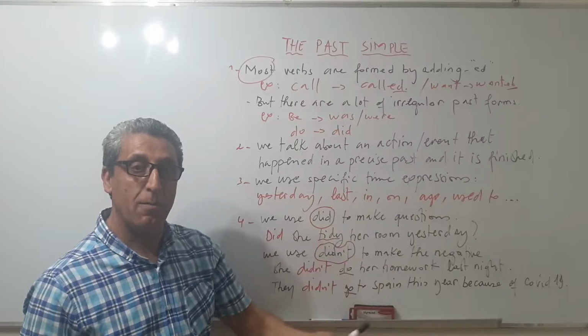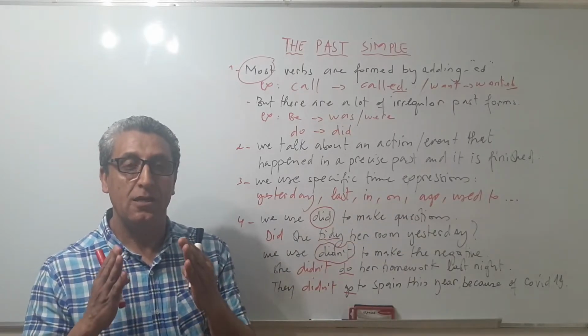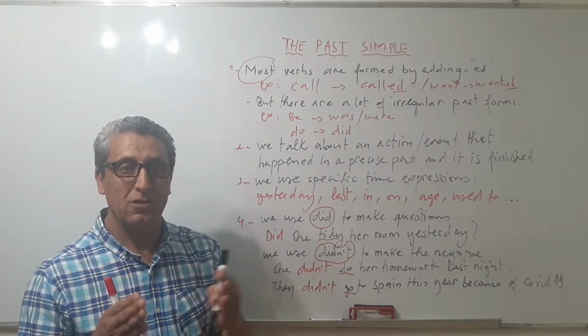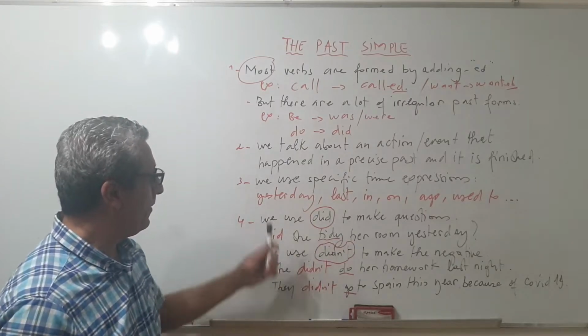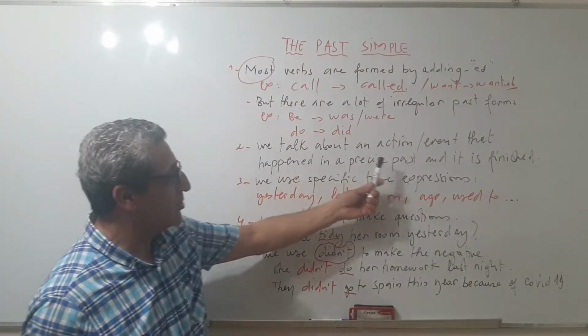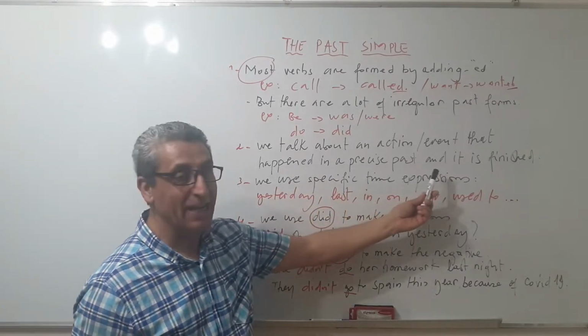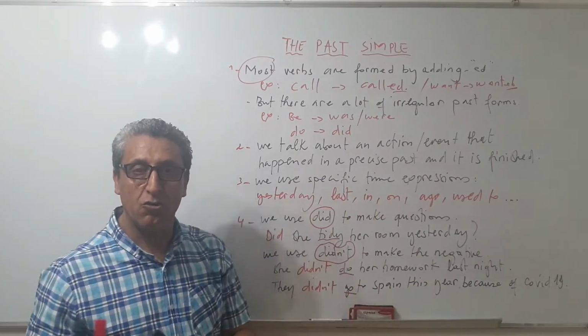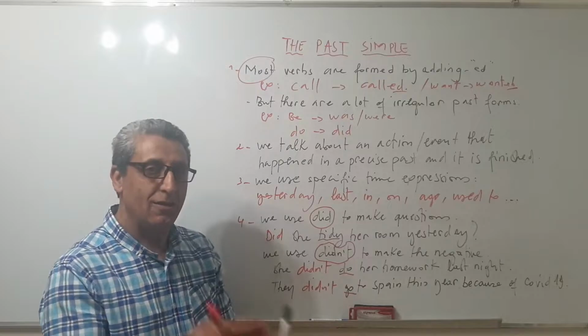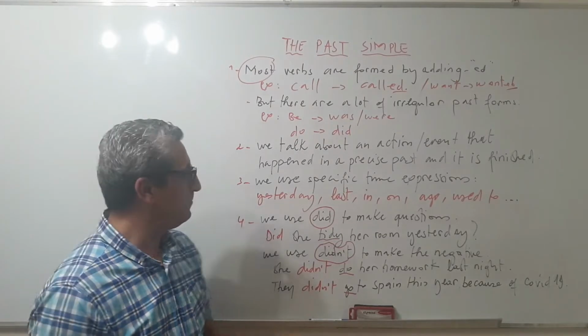So it happened in the past at a precise time. We will see this with time expressions. So the action or event has nothing to do with the present. It happened in the past and it is finished.